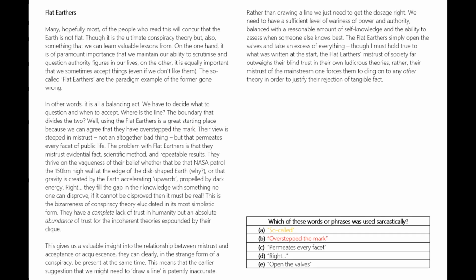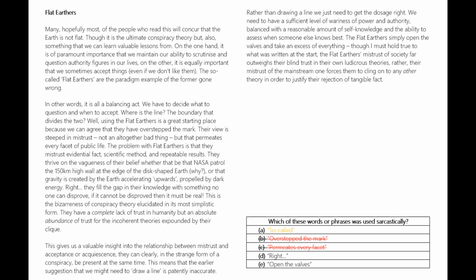And in fact, the same goes for C, permeates every facet. Equally, this is used to convey, albeit quite grandiously and poetically, its literal meaning, that mistrust is becoming present in every aspect of public lives. The author doesn't intend that we read in any hidden or opposite meanings. The next possibility then is D, right.